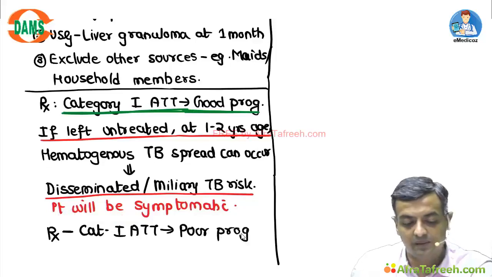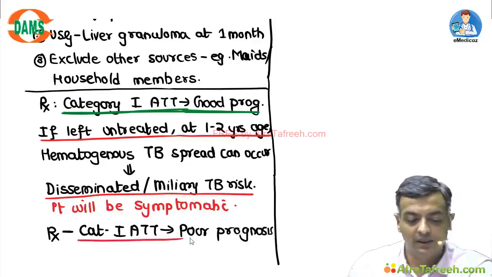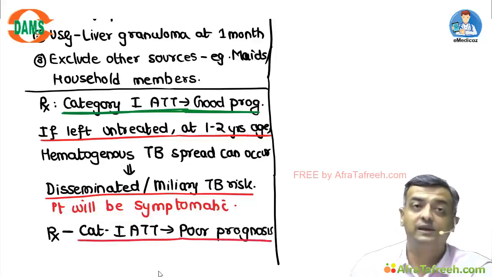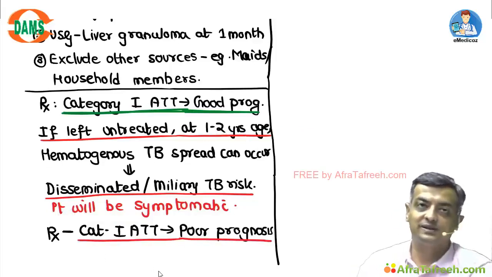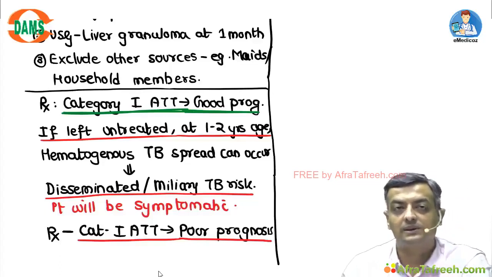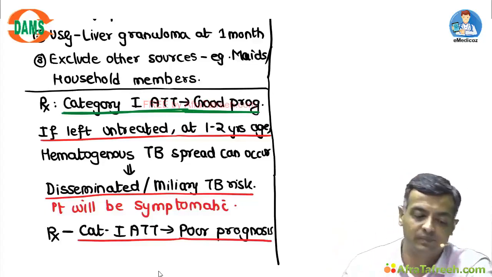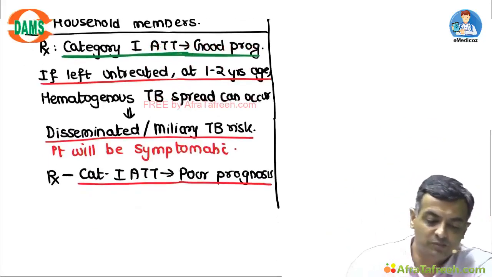But the treatment at this stage is again to give category 1 anti-tubercular therapy, but the prognosis becomes poor, because now the patient has disseminated tuberculosis, and the risk of hepatotoxicity is also more with advancing age of the child. So why is the prognosis poor here?